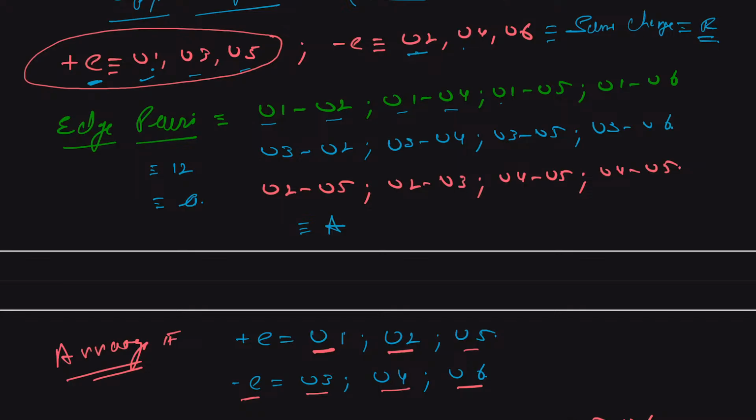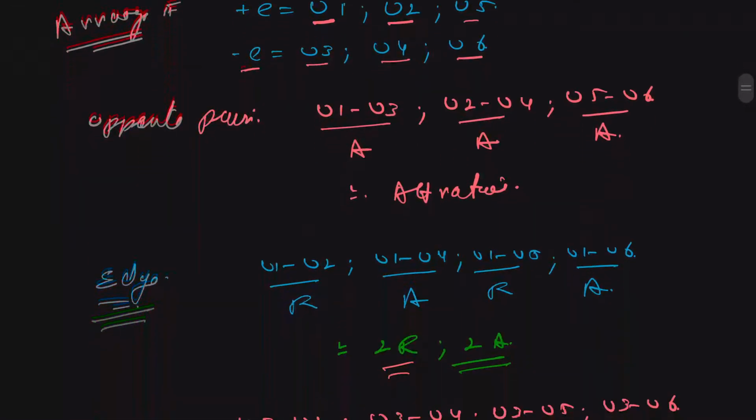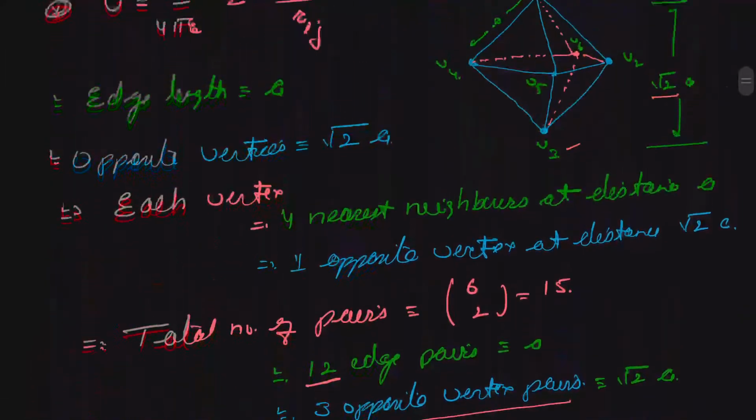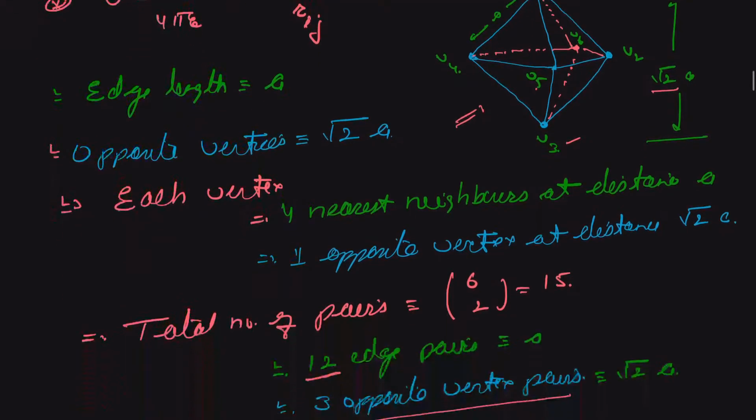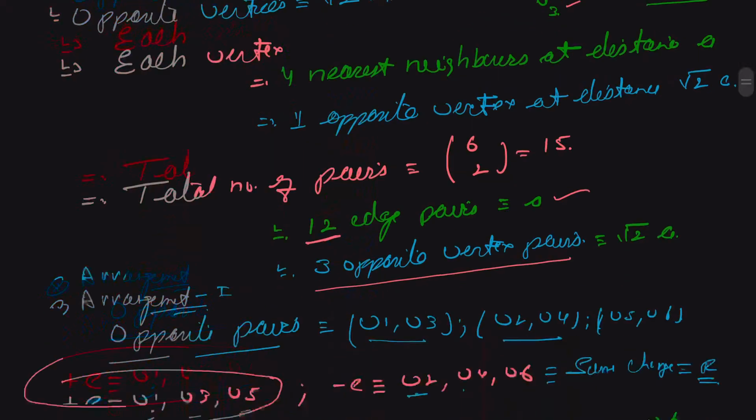Based on this, we made all these arrangements, and the basic figure which we have considered is this one. We have marked the vertices V1, V2, V3, V4, V5 and V6, and based on this we know that there will be a total of 12 edge pairs, and 3 opposite vertex pairs. So you have to remember this.